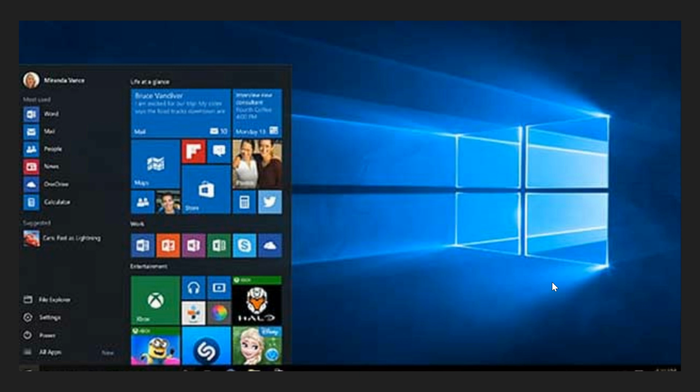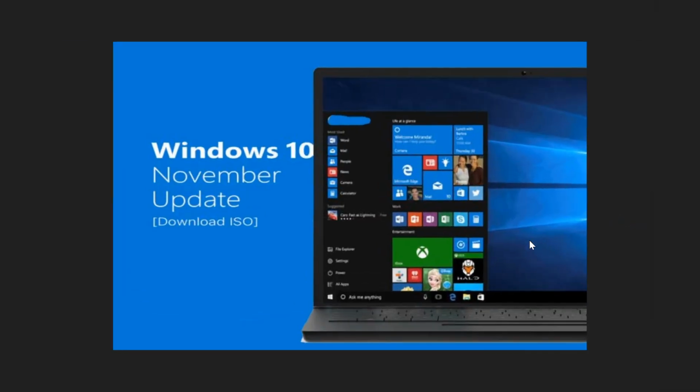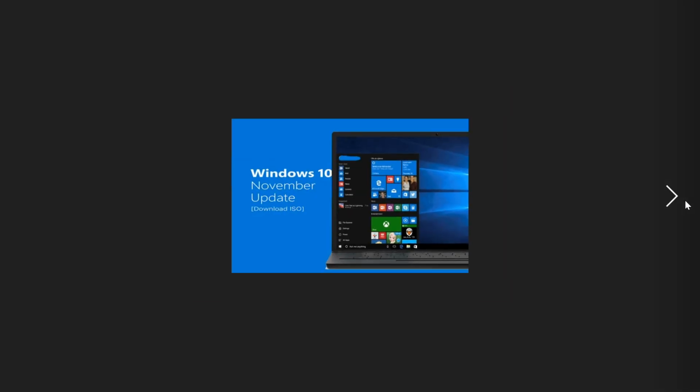Version 1607, build 14393. It created a lot of stir because it kind of showed the flaws of the update system at Microsoft. So here we go. Let's just move on to the November update, which is, of course, like I said, the 1511 that quickly followed.